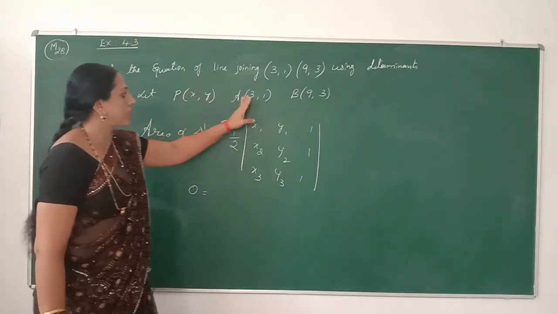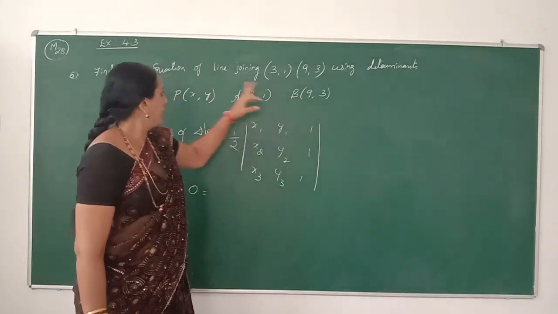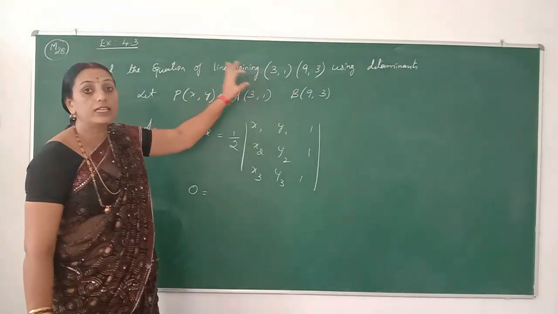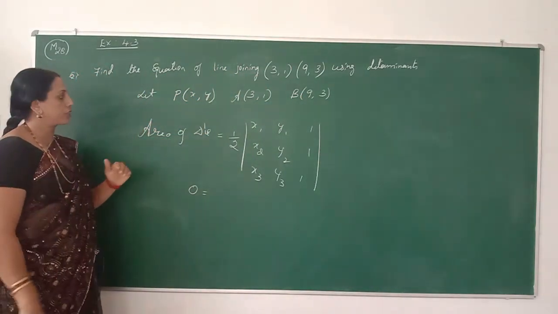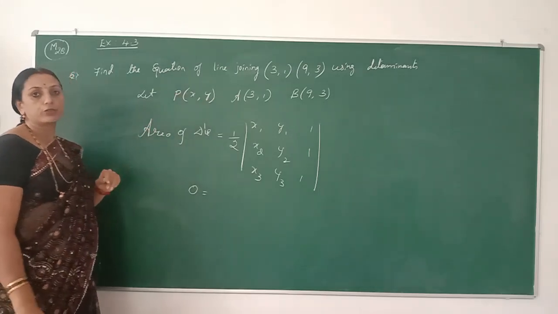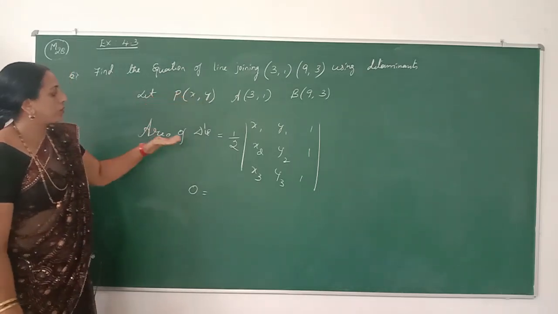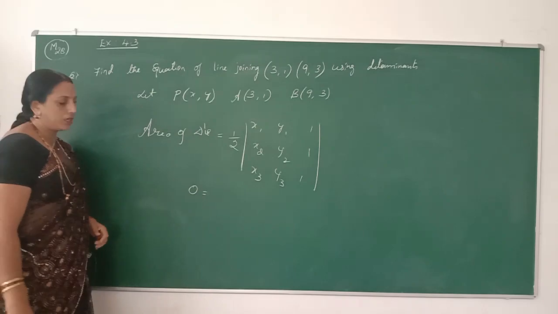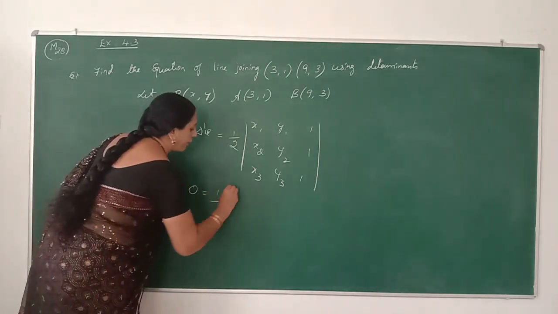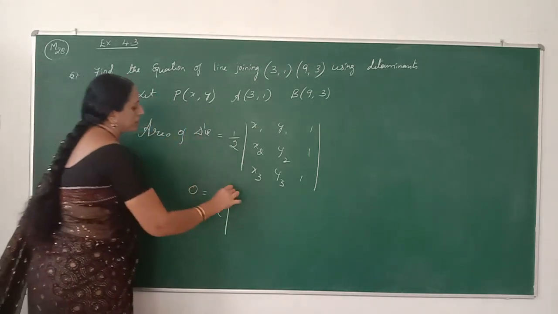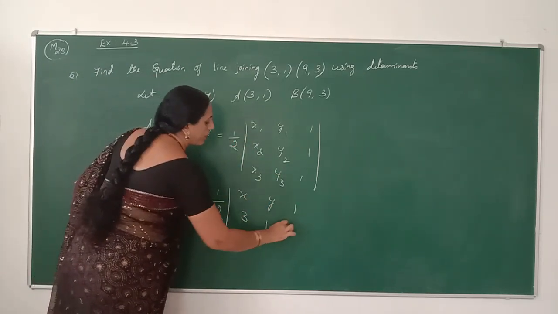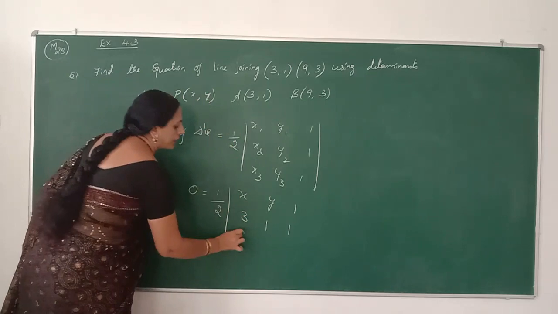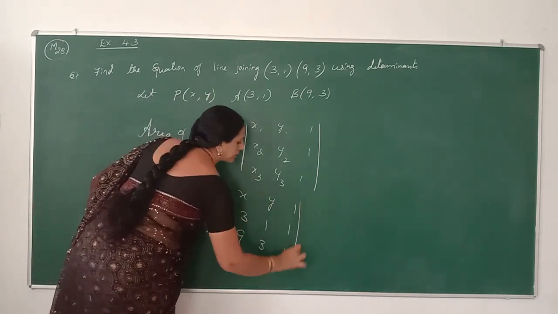Such points are said to be collinear because they are points on the line joining. So the given points are on the joining line, means such points are said to be collinear. So the points are collinear, then their area is nothing but 0 is equal to half of x1 y1, that is x y 1, x2 y2 is 3 1 1, x3 y3 is 9 3 1.